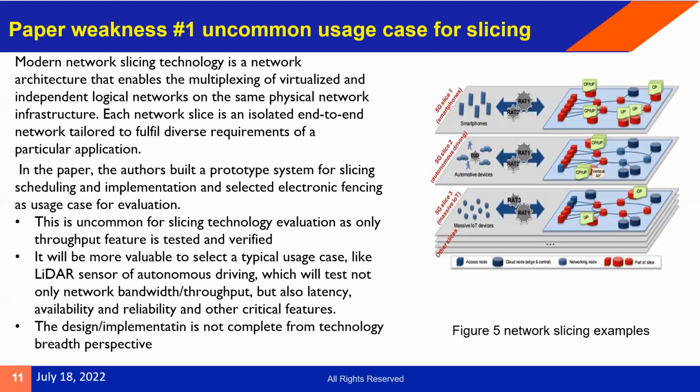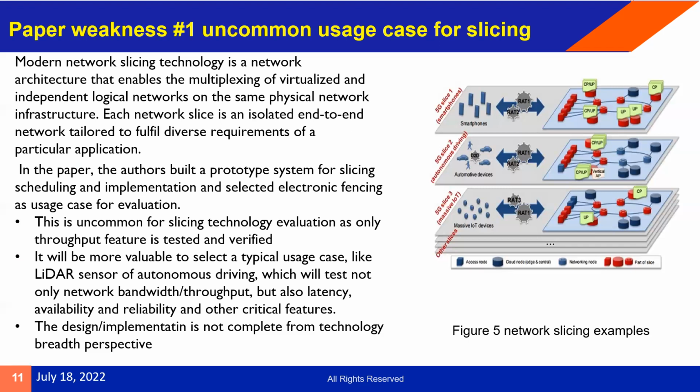This seems too uncommon for slicing technology evaluation, as only the throughput feature is tested and verified. It will be more valuable to select a typical use case like the LiDAR sensor or autonomous driving, which will test not only network bandwidth throughput, but also latency, availability, reliability, and other critical features.